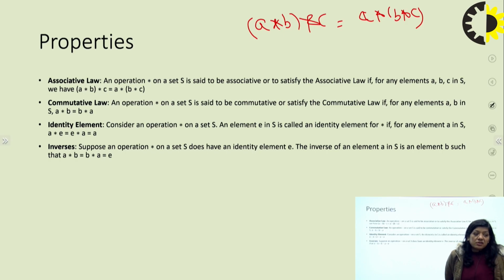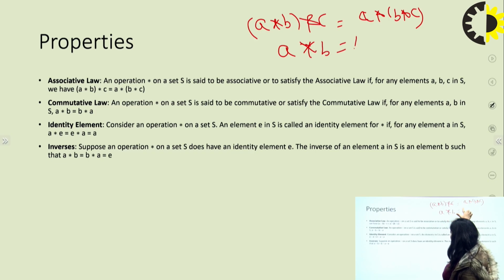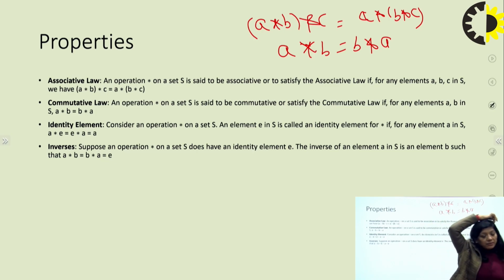Now the second one is the commutative law. An operation of multiplication on a set S is said to be commutative, or to satisfy the commutative law, if for any elements A and B in S, A cross B is equal to B cross A.